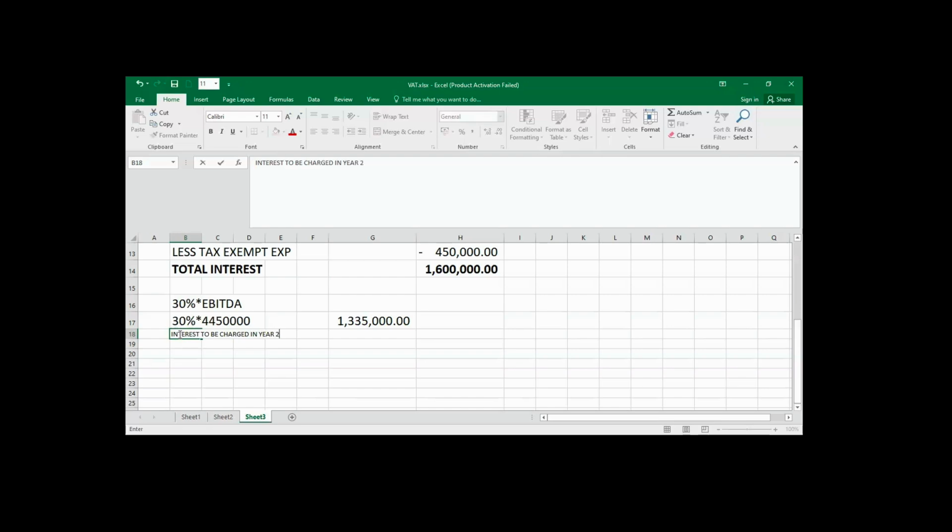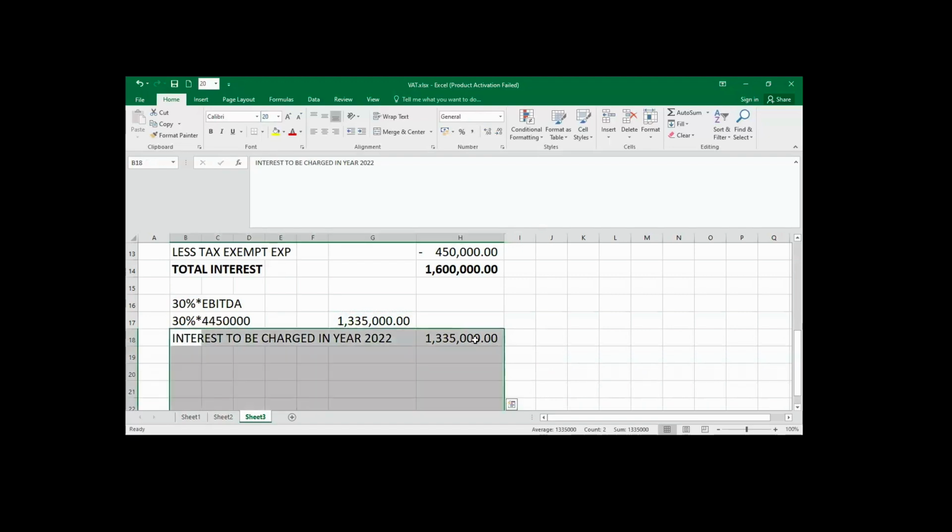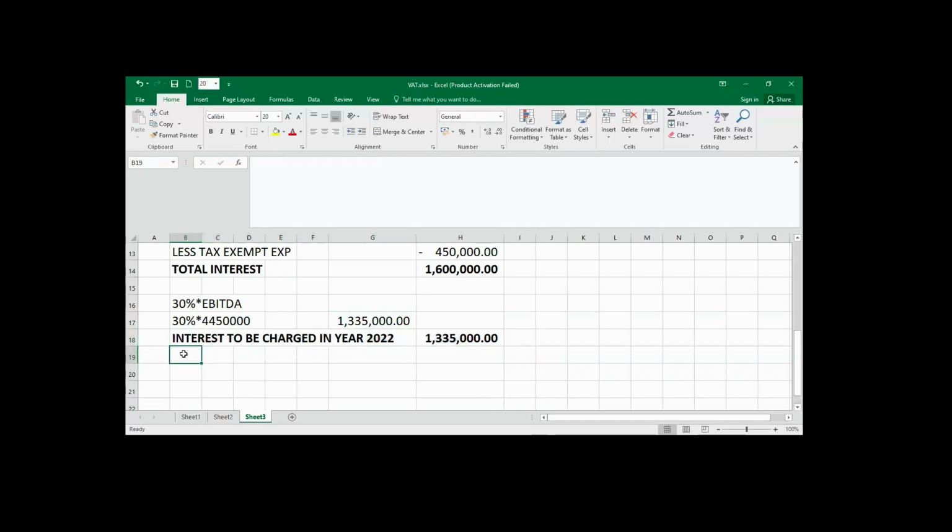in the year 2022 will be equal to this value of 1,335,000, which is the interest that will qualify as an expense. Instead of them charging 1.6, we're only going to charge 1,335,000.